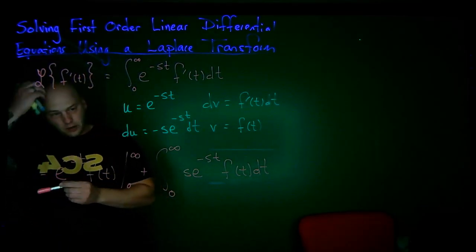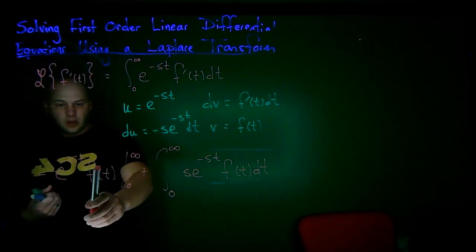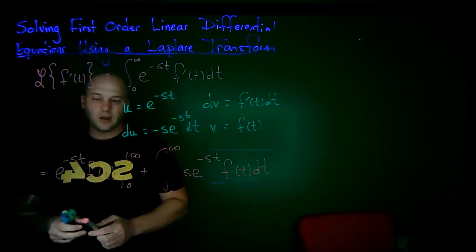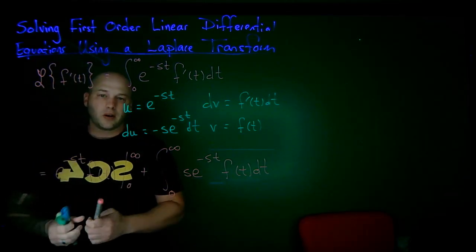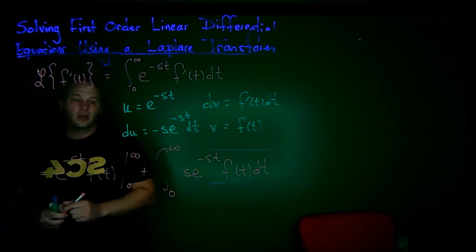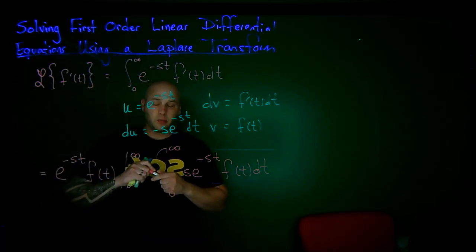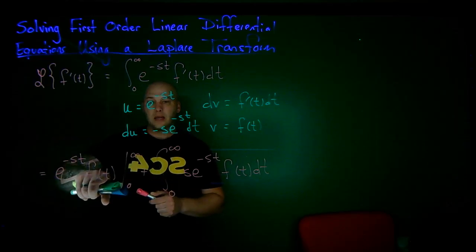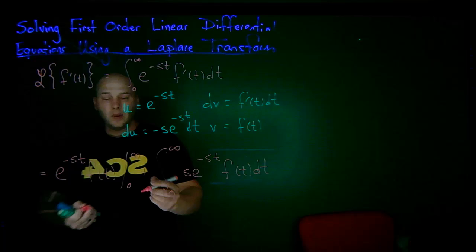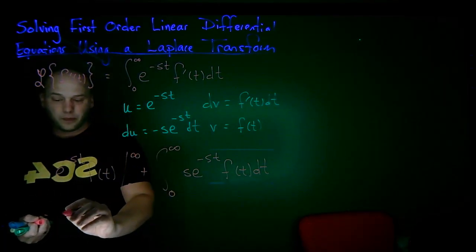Now, as far as evaluating this part of the antiderivative from 0 to infinity, remember that in order for a function to have a Laplace transform, it has to be of exponential order, meaning it's eventually bounded by an exponential, and therefore when I take the limit at infinity of e to the negative st f of t, I'm going to get 0.